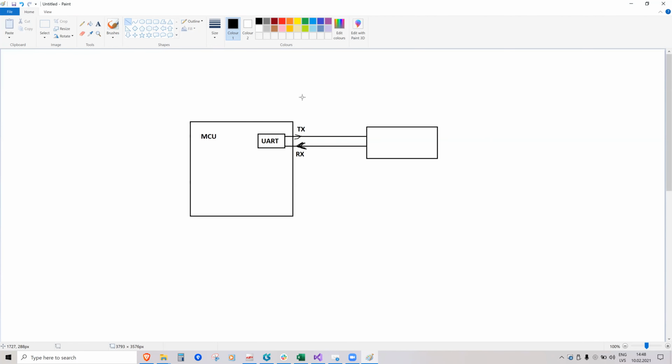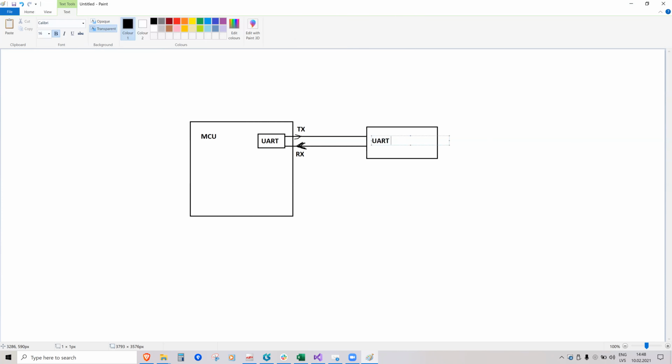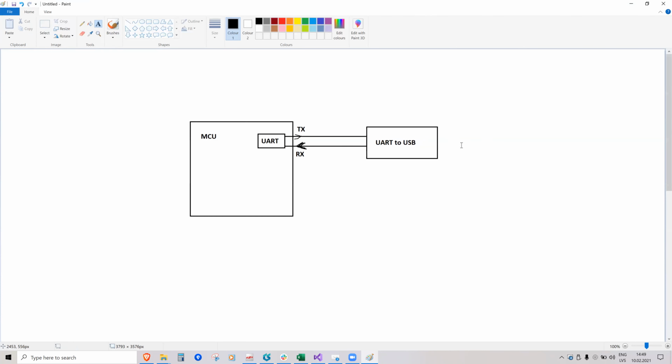So I will write UART to USB converter, just a schematic with a chip on it. And that one connects to the PC using a USB cable.